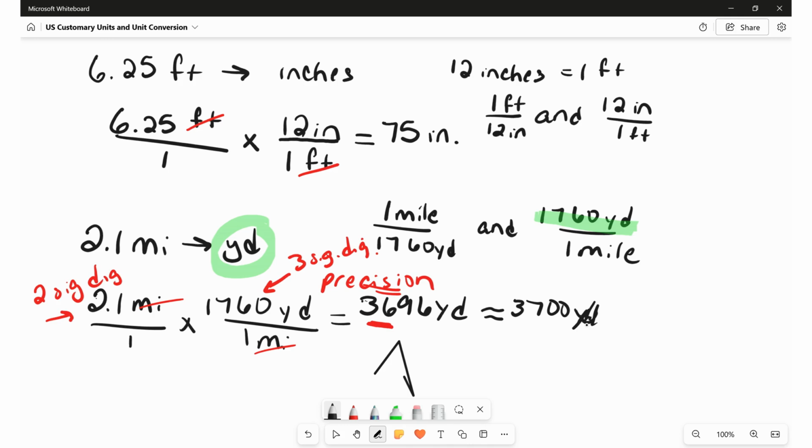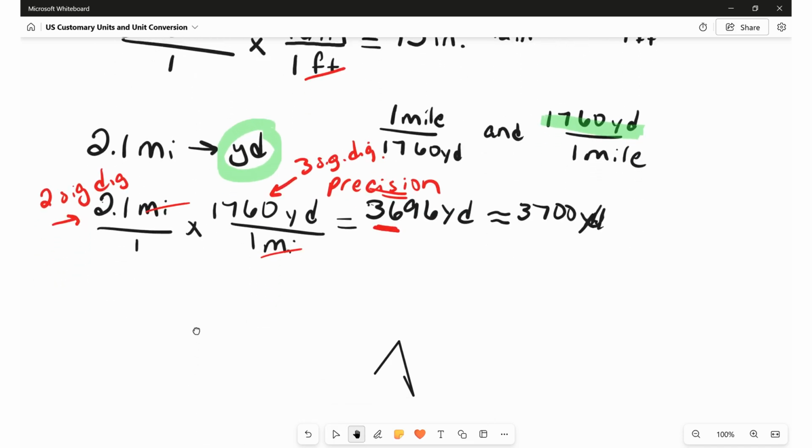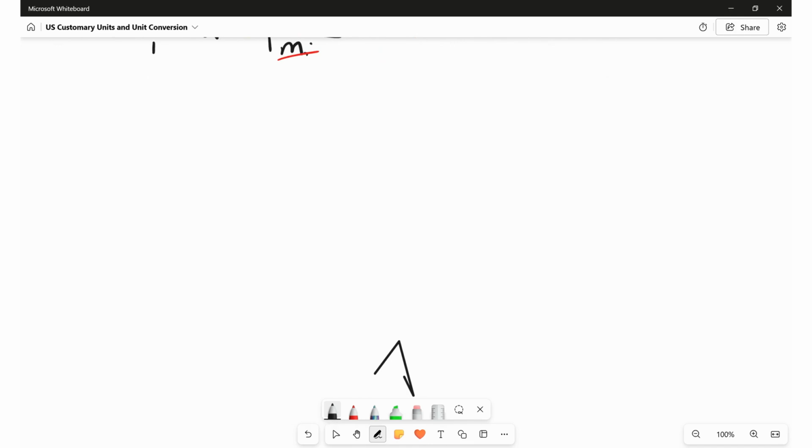What if we wanted to change things? What if we wanted to take 0.75 fluid ounces and convert it to teaspoons?